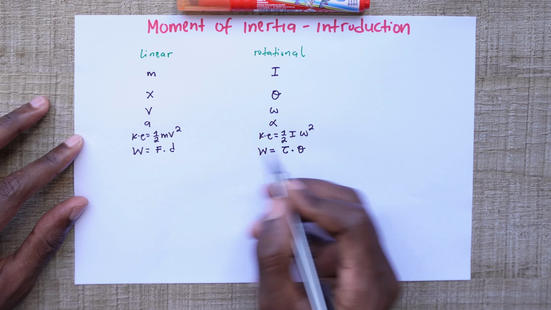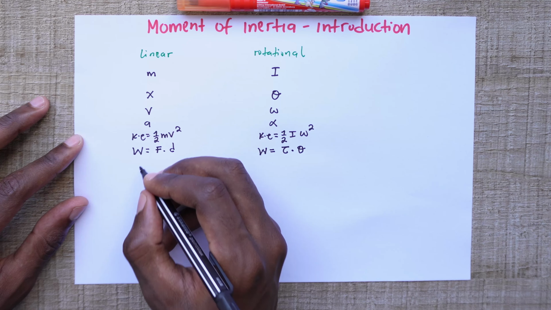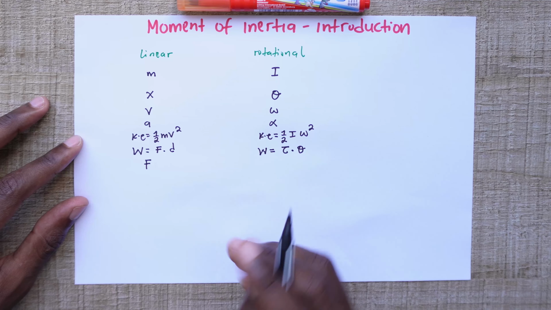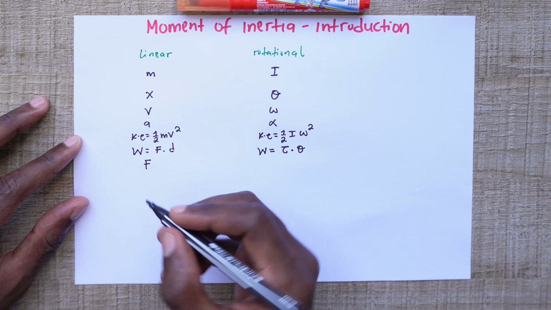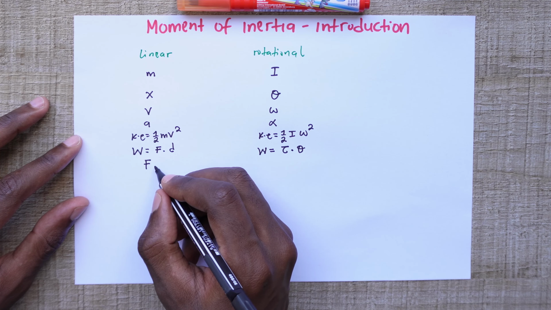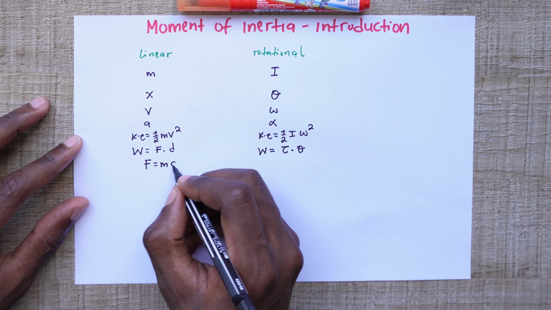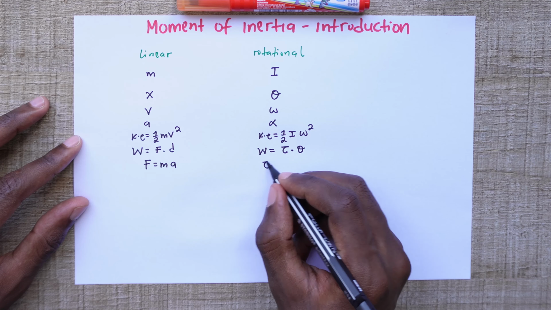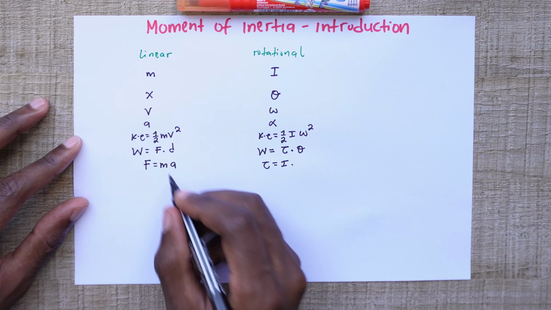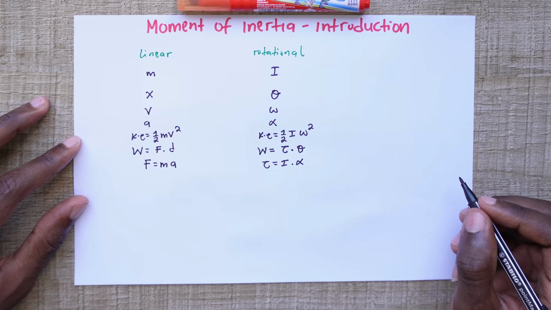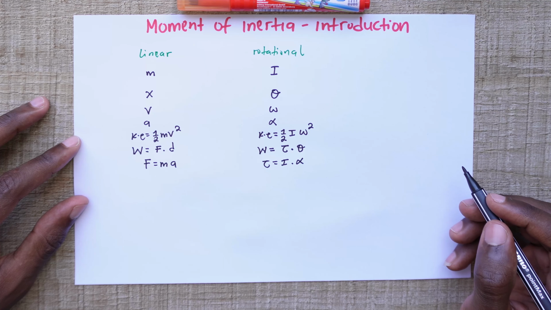If you are talking of a linear motion, you may want to measure the force that you are applying to the body. In a rotational motion, we don't talk of force, but of torque. The force is the mass times the acceleration. So the torque here would be the analog of the mass, which is the moment of inertia, times the acceleration, which is alpha, if we are talking of rotational motion.